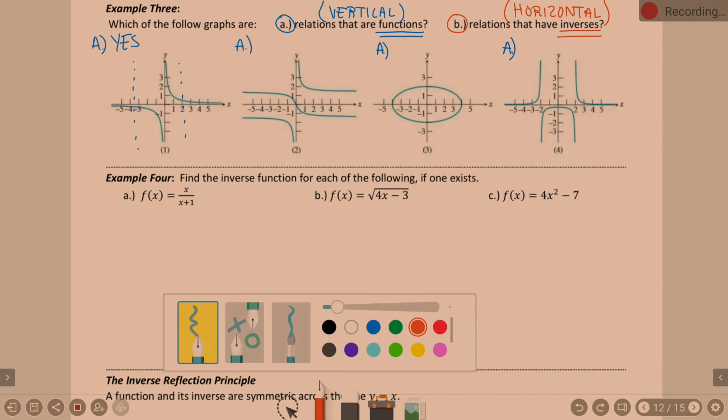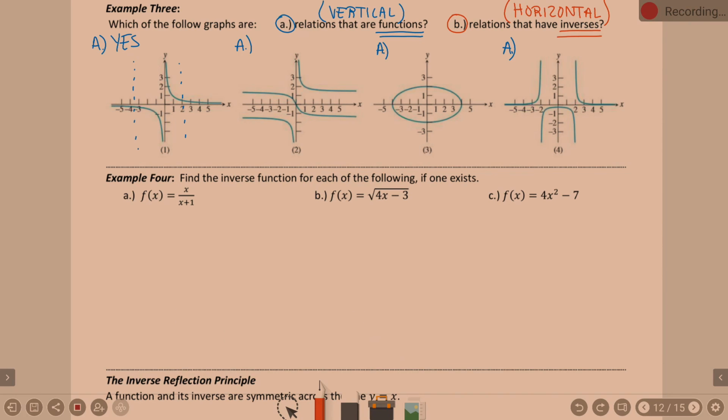B. So we also have a question B to answer on every problem here. Does this have an inverse? How do I assess whether or not it has an inverse? Does this pass the horizontal line test? Yes. Any place I draw a line, it'll just pass through the graph once? Correct? Okay.